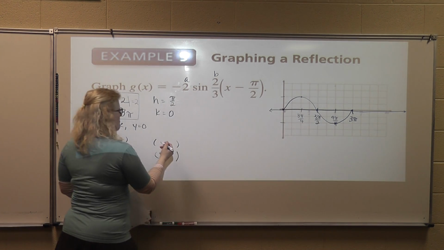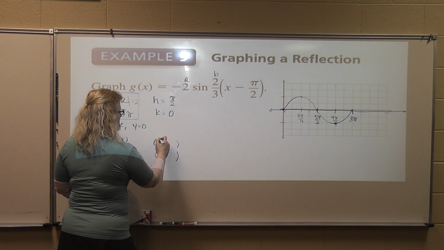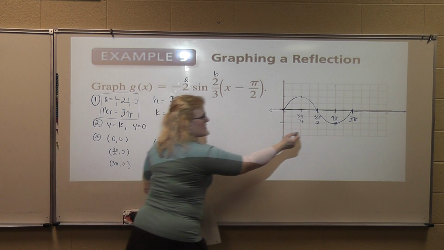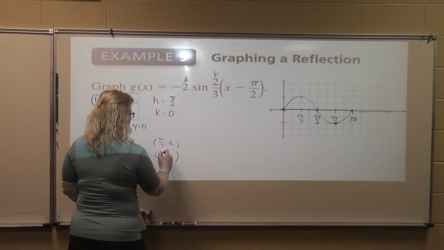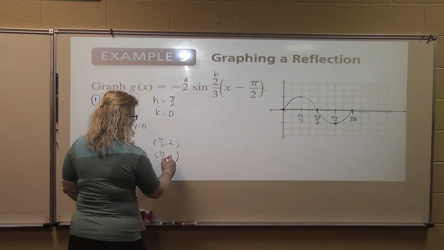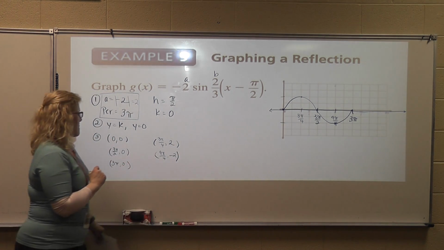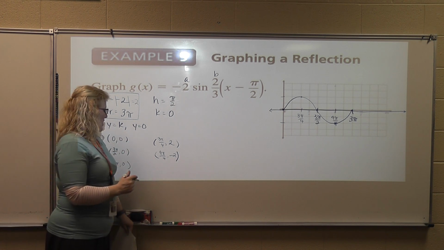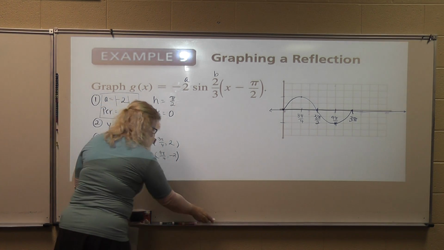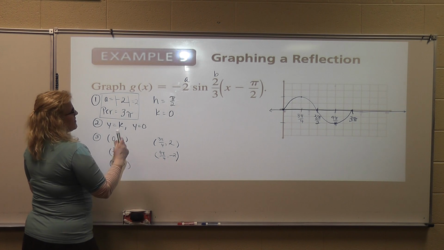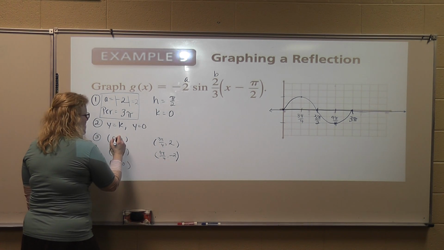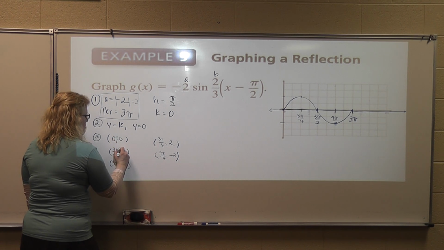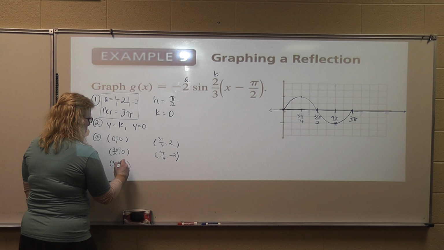My maximum is 3 pi over 4 and 2, and my minimum here is 9 pi over 4, -2. Okay, that's my baseline right here. So now I need to add, because it's horizontal, pi over 2 to every single x value.